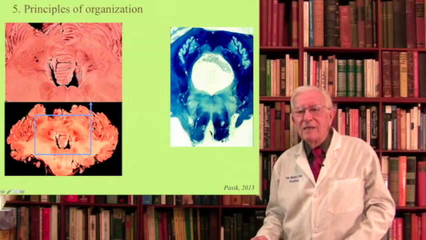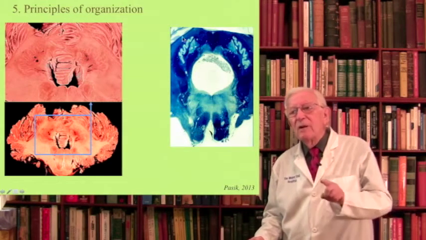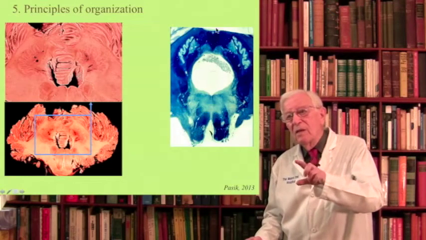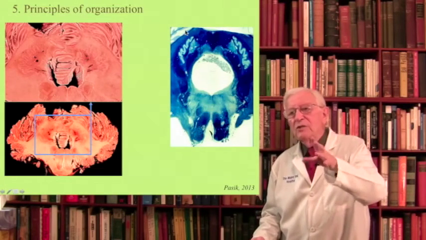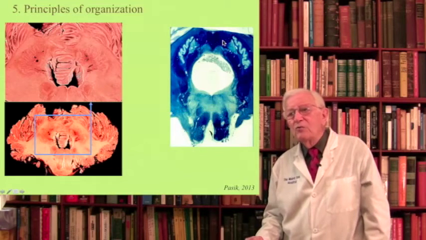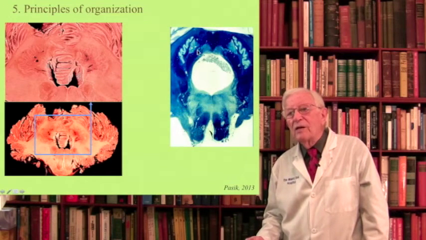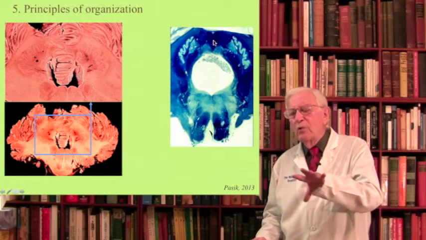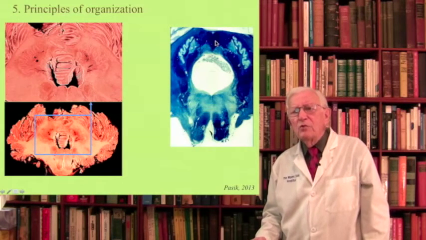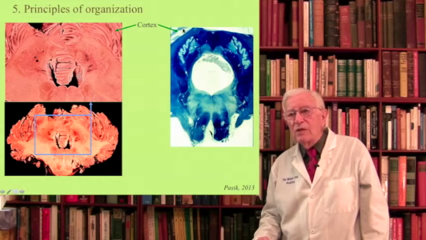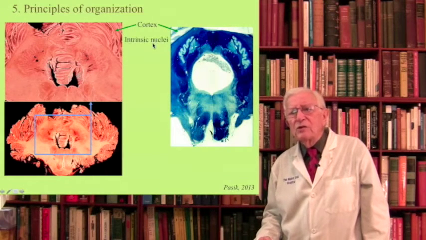And overlying it is the cerebellum. And in the cerebellum you have cortex, much larger, of course, there's a sample of it, and this is to show particularly intrinsic nuclei. These nuclei are embedded in the white matter. White matter is dark blue here, all right? And you have a cortex here, and then you have the intrinsic nuclei.